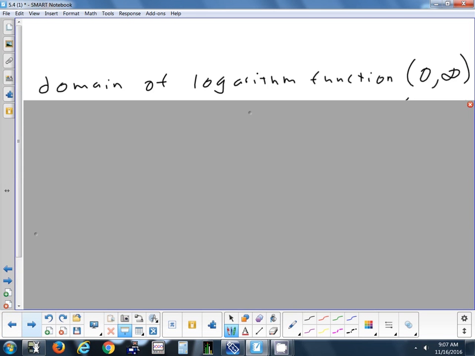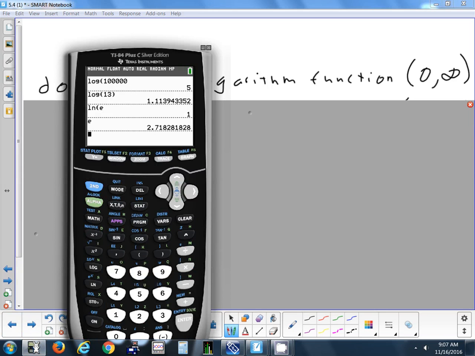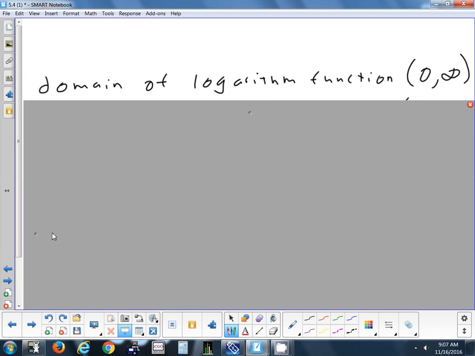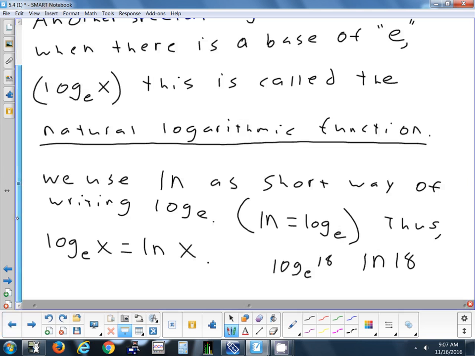You cannot take the log of a negative, unless you want to get into imaginaries. Negative logs would give you a non-real answer. And that goes for the base and the argument. When you have a log, the base can't be a negative, and the argument can't be a negative.